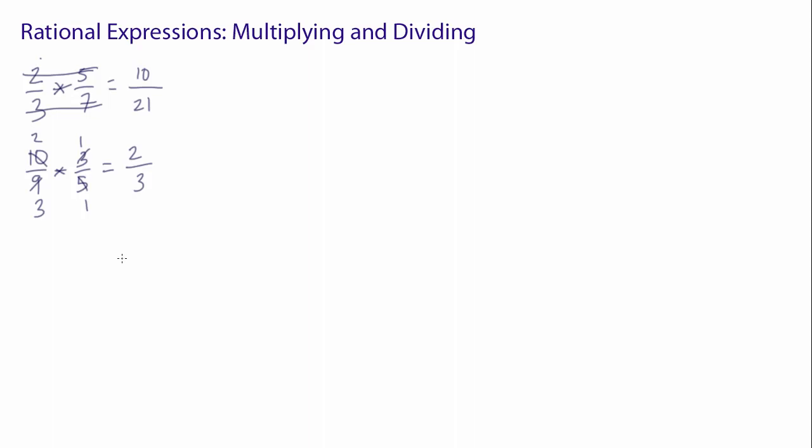So let's do two rational expressions. Let's say 18 over x cubed times x to the 5th over 15. When we multiply rational expressions, the whole idea is you need to factor, then cancel, then multiply.